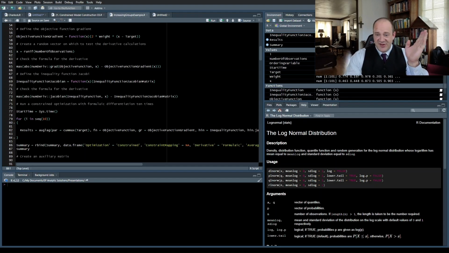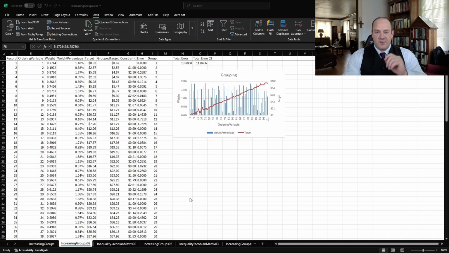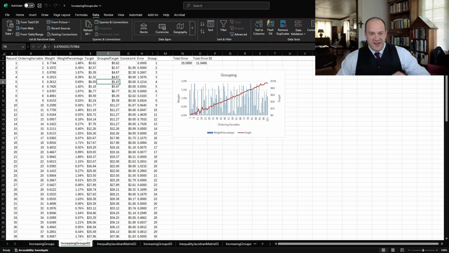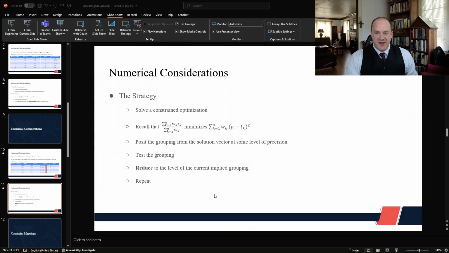Okay, so now let's go back to Excel and see what we're talking about with respect to the precision and what it means for things to be the same. Okay, so back in Excel land, what do we see? Well, in these group targets here, this is what we were saying. Let's look at it in the PowerPoint. That's what we were saying. Let's go back to here.